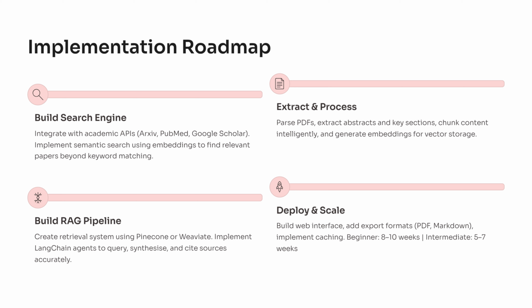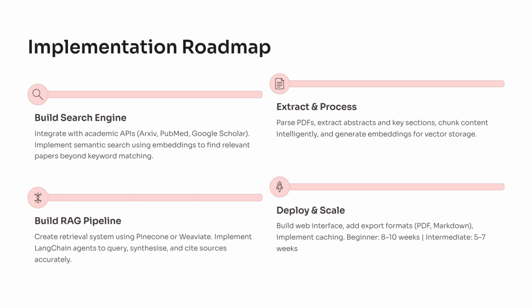Once the data pipeline is ready, you create the RAG system, where tools like Pinecone or Weaviate hold the embeddings, and LangChain agents handle reasoning, synthesis, and citation accuracy. This is where the magic happens, because your agent starts generating summaries and structured insights.